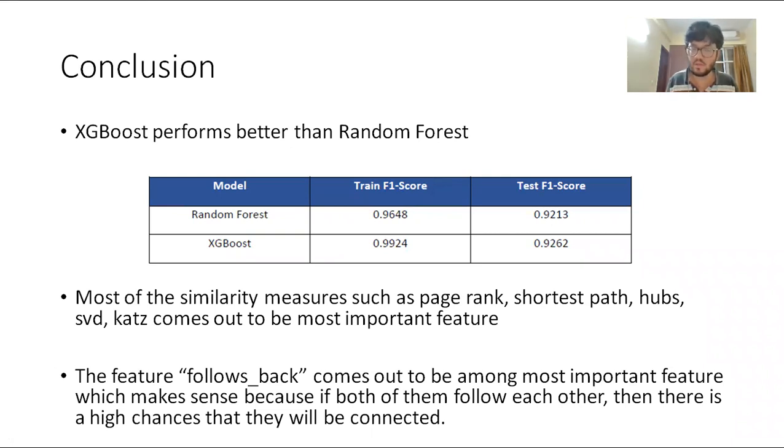One thing that we note is that the follow back feature in the random forest did not have very high importance, and the reason is that if both of them know each other, then there is a high chance that they will already be connected. In XGBoost, there was high correlation between follow back and some of the weights variables, which had high feature importance, and that is why it did not come up here.